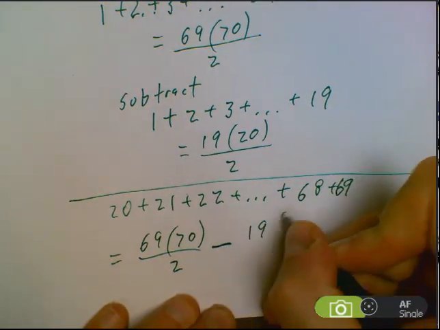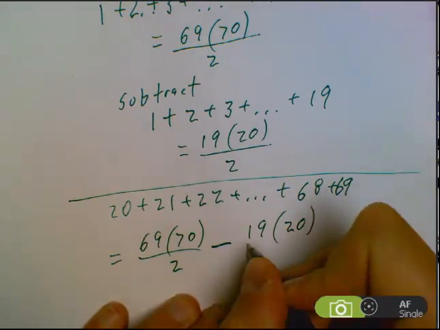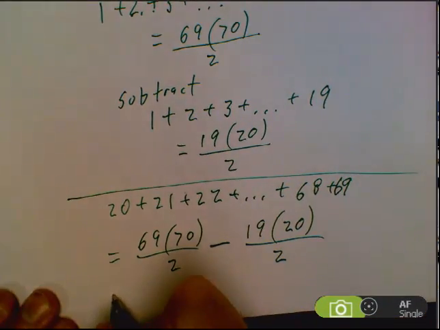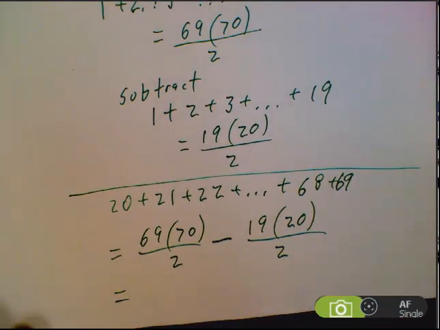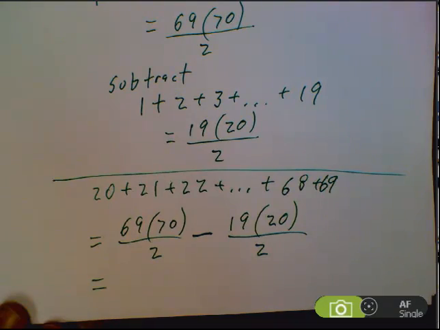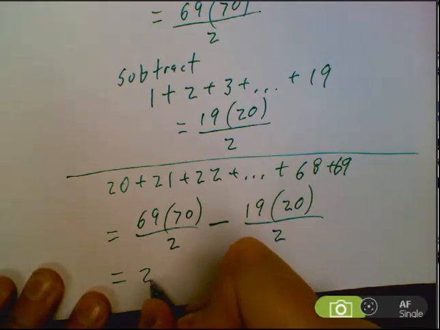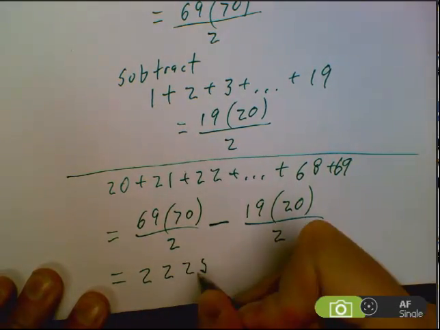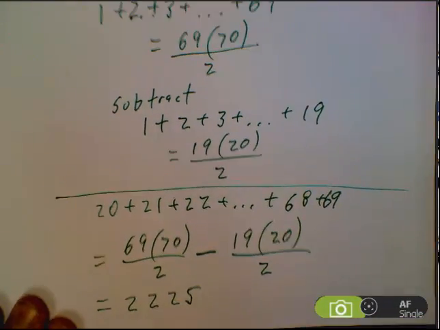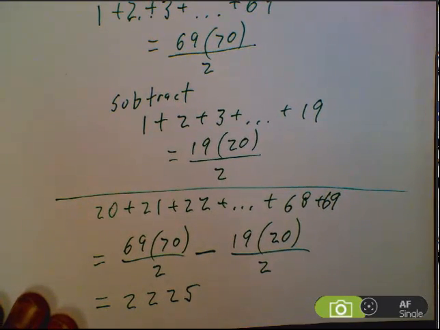So that's going to be 19 times 20 divided by 2. Using a calculator on that, it comes out to 2,225. So that's method 1. Let's take a look at another way to do this.